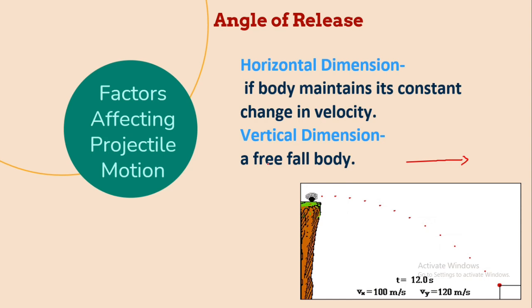The vertical dimension is a free-fall motion. And we have the angle of release, which is denoted by degrees, or the symbol theta. As you can see, you will be observing the angle of release.